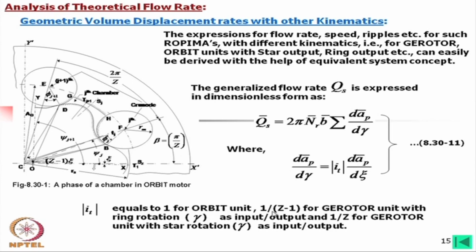For the G rotor unit with ring rotation, when the ring is rotating, simply you put 1 by z minus 1. So, we will get this value, and then this flow rate will be for that G rotor unit with ring rotation. For the star rotation, this will be 1 by z, and we will find the same expression. In case of the orbit motor, this is 1.